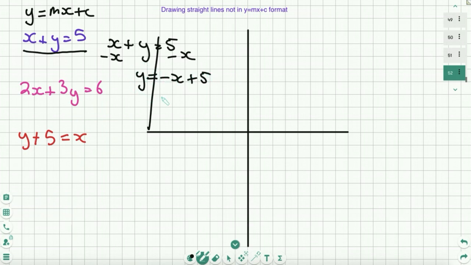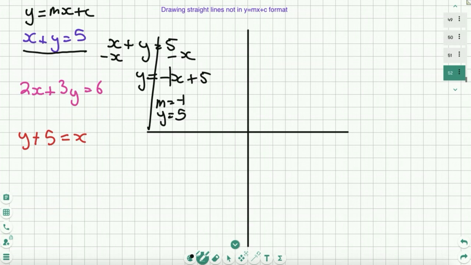And now our line is in a perfect y equals mx plus c format, where our m value, the gradient, is negative 1, and the y-intercept is positive 5. So we can draw our line. So that's one way you can draw these kinds of lines, by just rearranging it into y equals mx plus c format by getting y by itself.